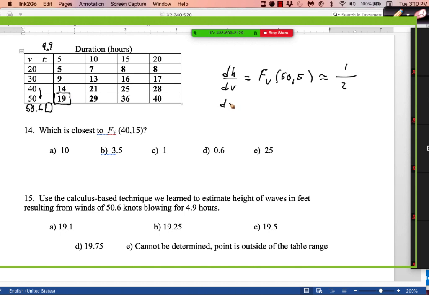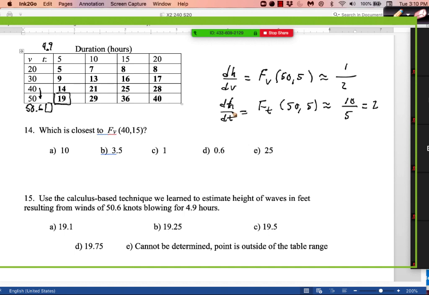And then for dH/dt, which is f_t at 55, for a change in time of 5, we get a change in height of 10. So that one's 2.